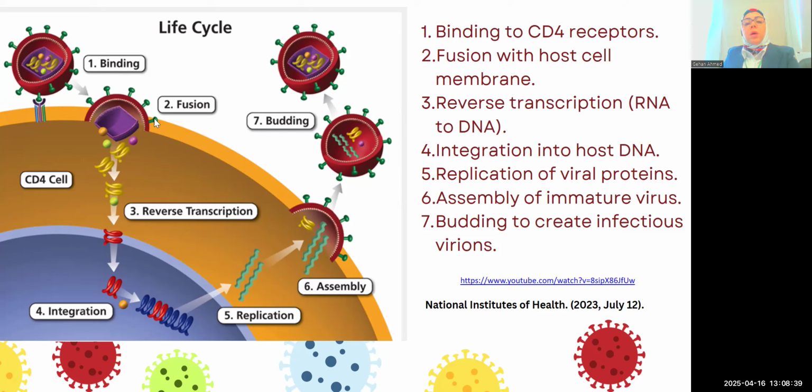After fusion, reverse transcription converts RNA to DNA, followed by integration into the host DNA. Then replication converts the host cell into a virus factory by a process called assembly. After that, the virus leaves the host cell by budding to create infectious virus.